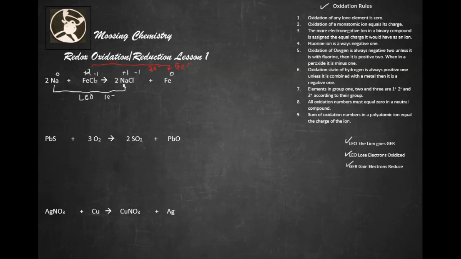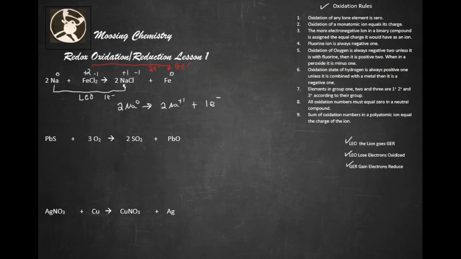Okay, so now let's go ahead and put this in perspective of kind of like an equation. All right, so now what we got is we've got 2 sodium atoms that are going to give up each an electron. So put +1 here, plus 1 electron there.